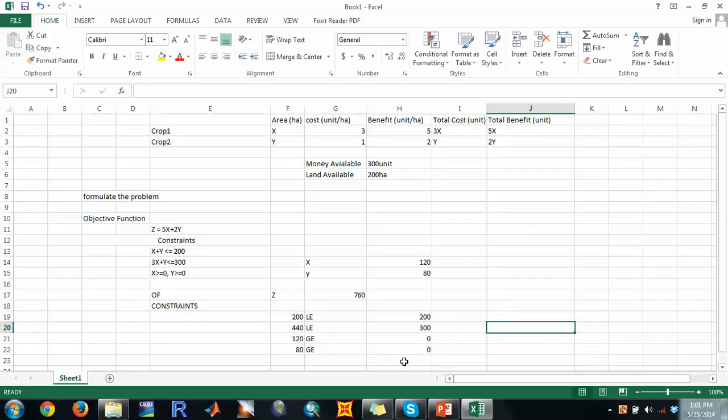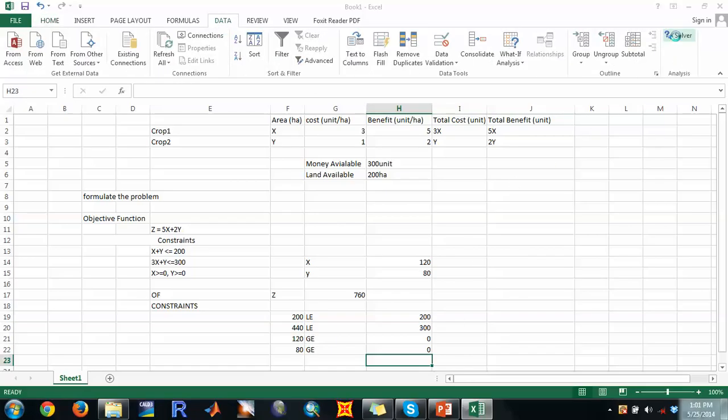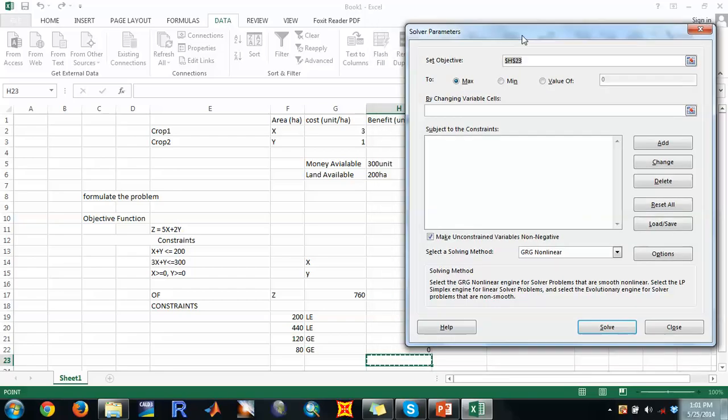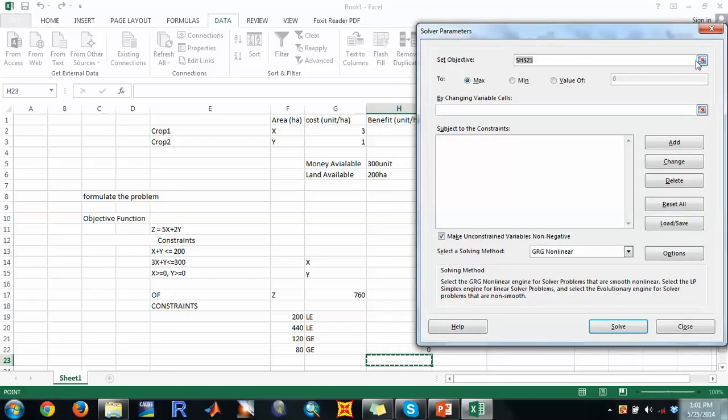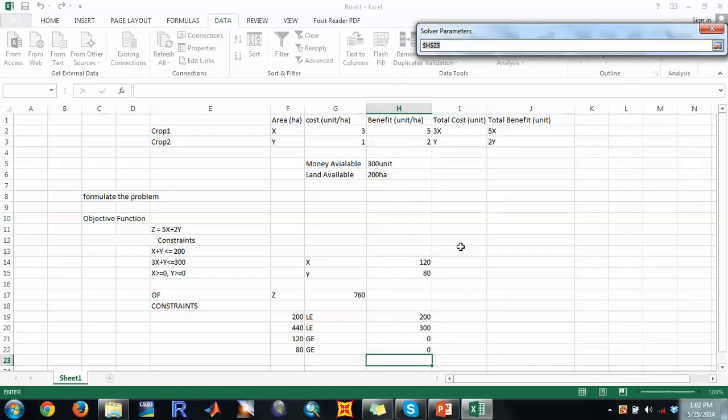So to optimize, we can use Solver again. You go to Data and you have a Solver, and now you have to set your objective. Your objective is to maximize this value. This needs to be a formula. You have to write it as a formula; if you enter a number, it is not going to iterate anything.